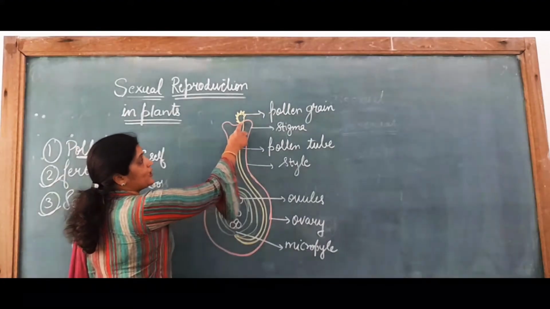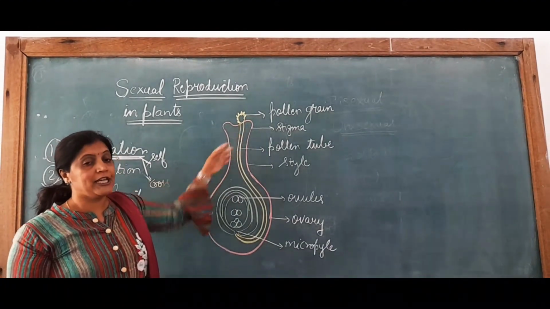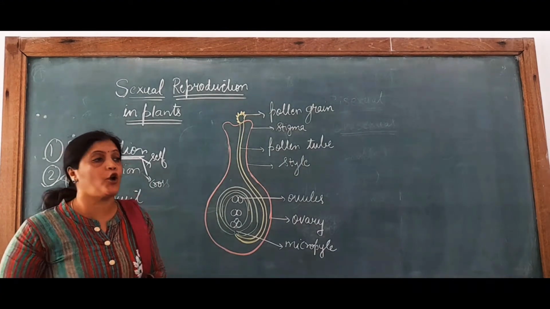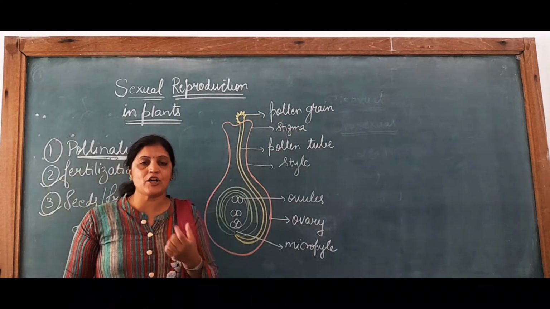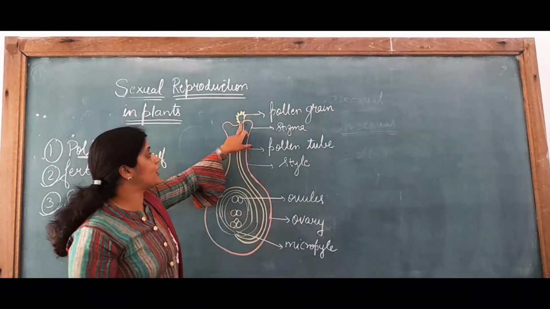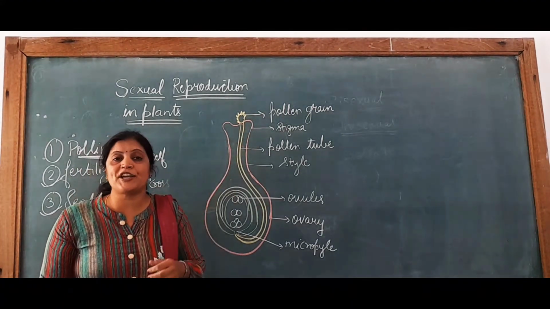First, when these pollen grains are transferred to the stigma of the carpel, one chemical is secreted, due to chemotropism. What is the term? Chemotropism. What is the meaning of chemotropism? Chemo means chemical. So when the pollen grains transfer to the stigma, one chemical is secreted.